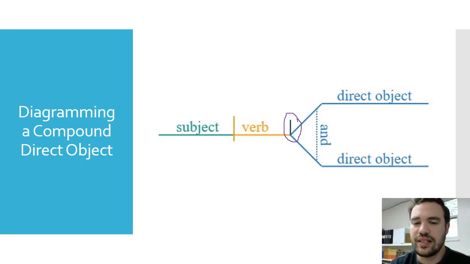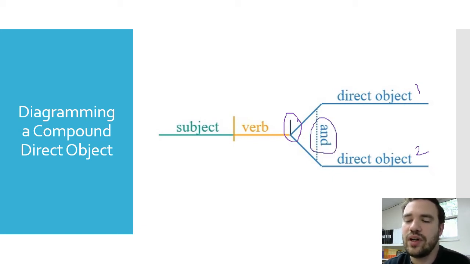So you've got subject, vertical line cutting through, verb, vertical line that stops, and then the rocket ship shape structure, and then you have direct object number 1 on top and direct object number 2 on the bottom, and you've got and on the dotted line in the middle. Now remember, direct object number 1 that's on top is whichever one is listed first, and direct object number 2, which is on bottom, is whatever one is listed second.